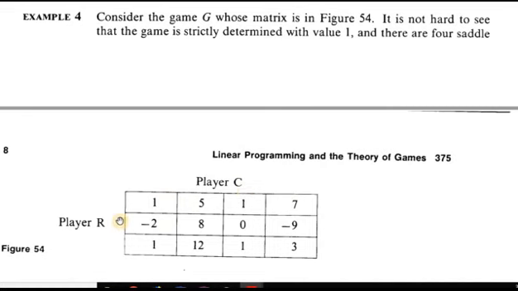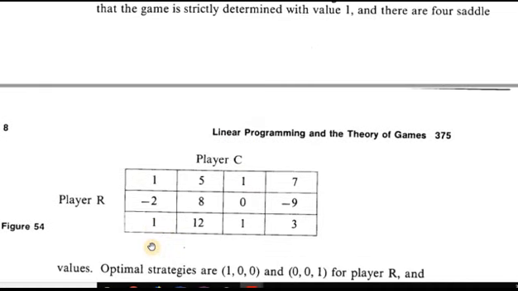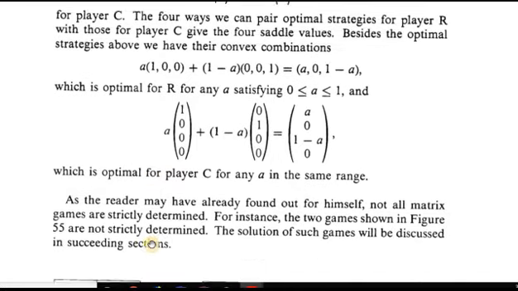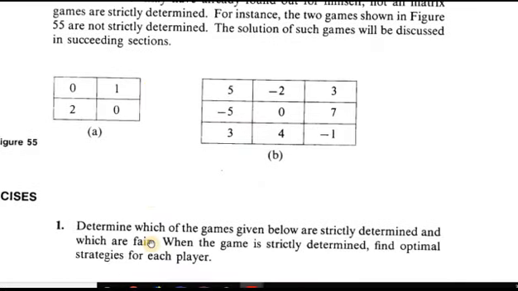If the row player plays any combination of strategy 1 and strategy 3, and the column player plays any combination of column 1 and column 3, they're both going to get a payoff of 1. You can see 1, 1, 1, 1. No matter which of those options they choose, they're both going to get a payoff of 1, and that's the value of the game. All right? Very good.